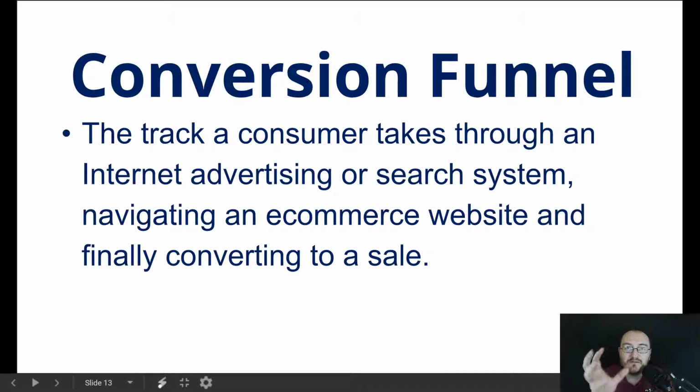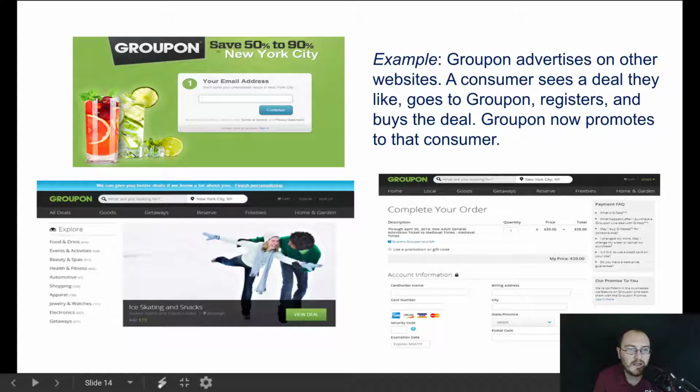Okay, so the conversion funnel will bring people in, and this is the track they take. You want to make that as small as possible. For example, Groupon advertises on other websites. So if you're on somebody's website and a Groupon ad pops up, and maybe you go, oh, okay, maybe I should sign up for Groupon, you put in your email address on their ad, right?